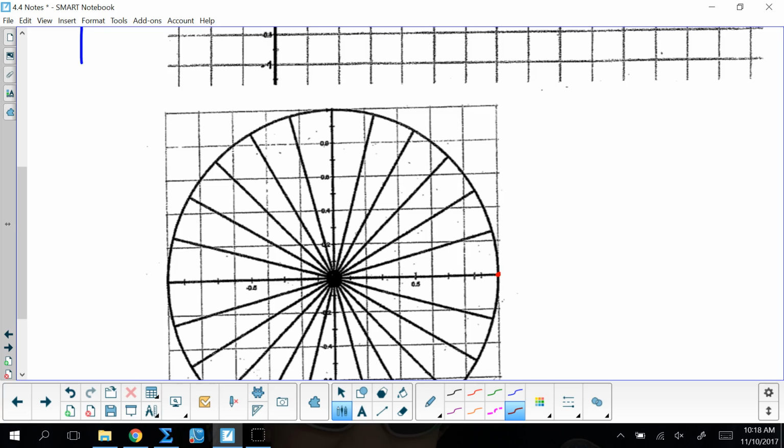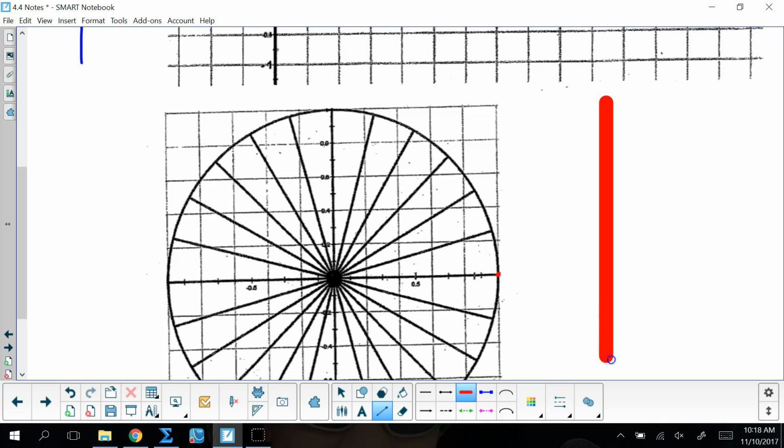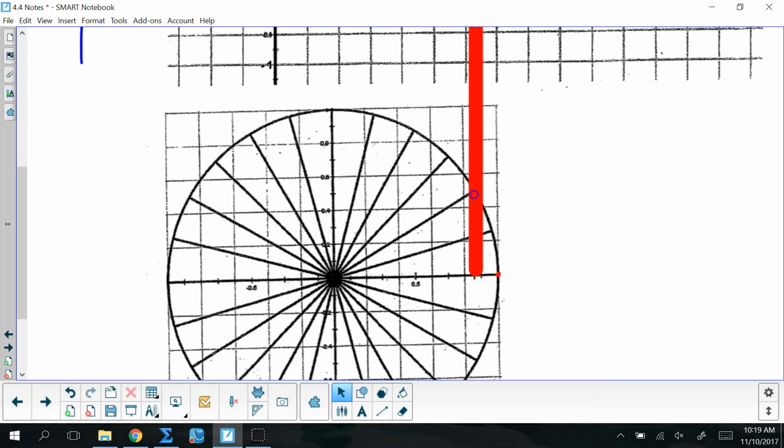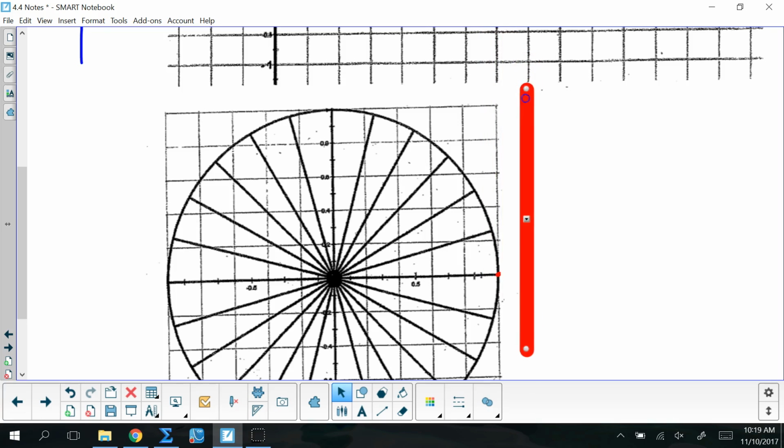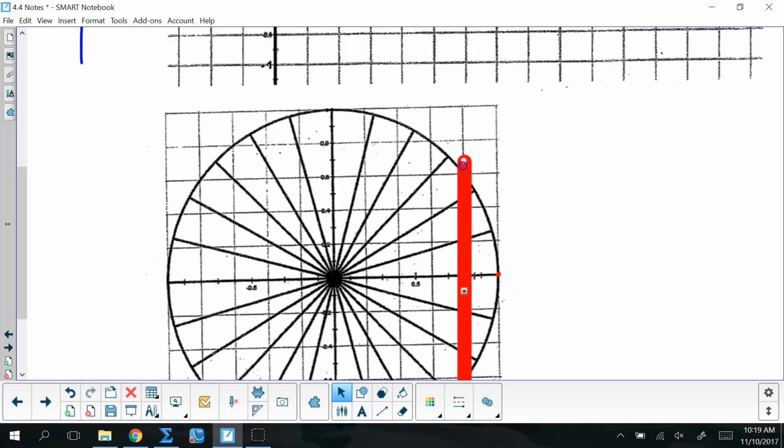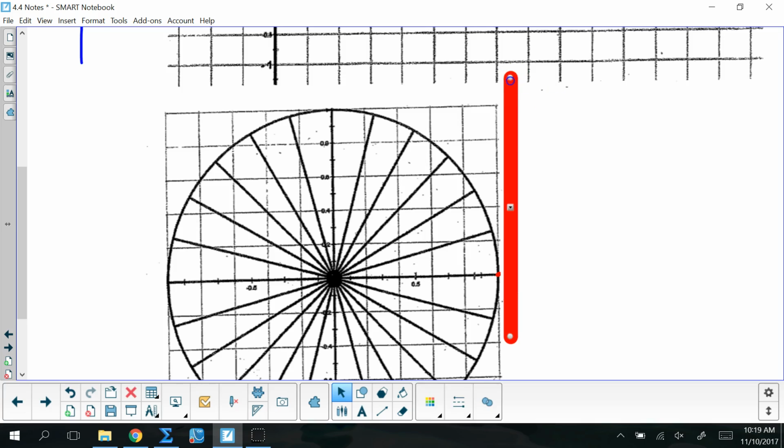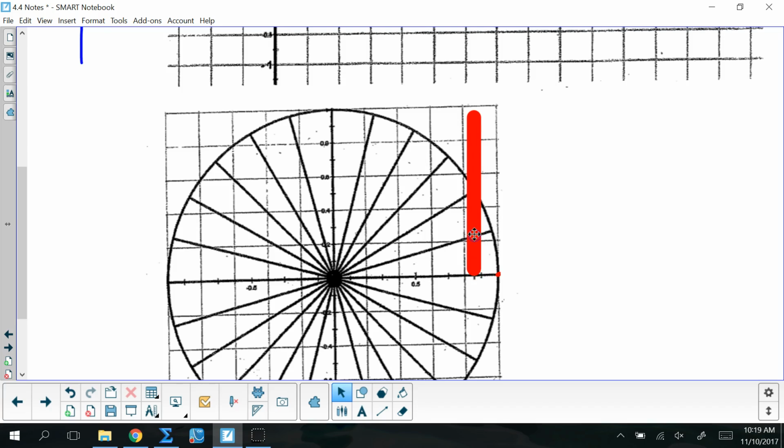If I go out to 30 degrees, I'm going to take my piece of spaghetti and I'm going to go over here and measure. Oh, come on now. I got to bring it down a little bit. My spaghetti is too long. There it goes. That's some spicy meatballs.